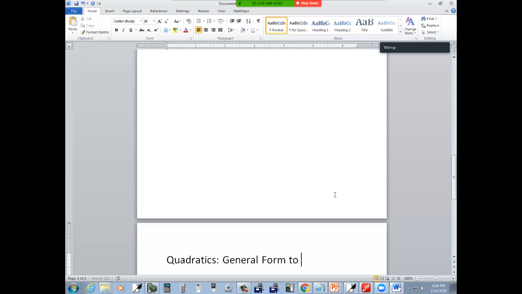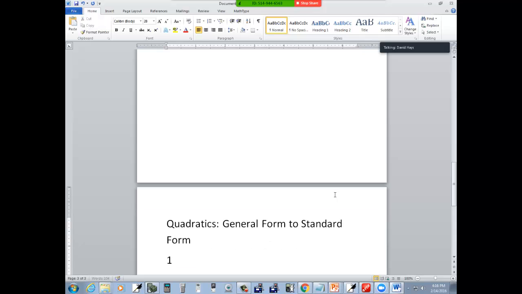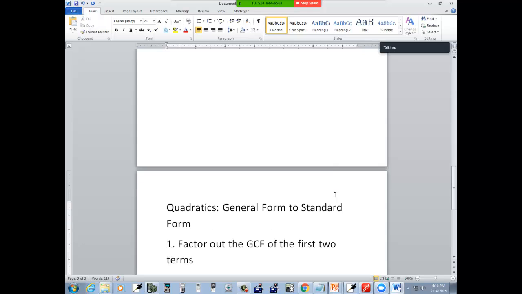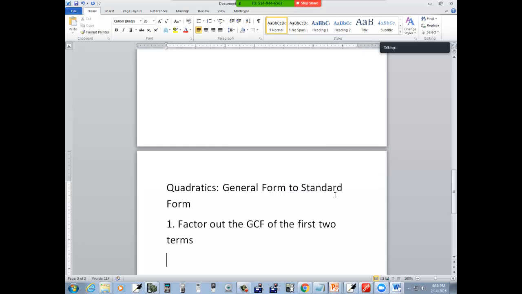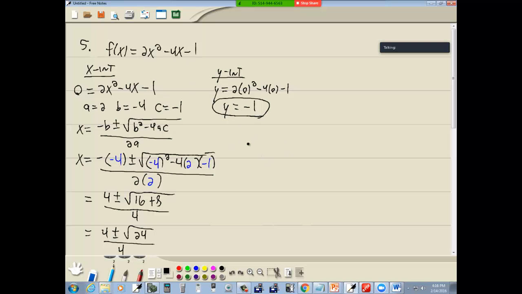To go from general form to standard form, step one, you want to factor out the GCF of the first two terms. Now this is assuming that it's in ax squared plus bx plus c form. So for this one right here, we've got y is equal to 2x squared minus 4x minus 1.